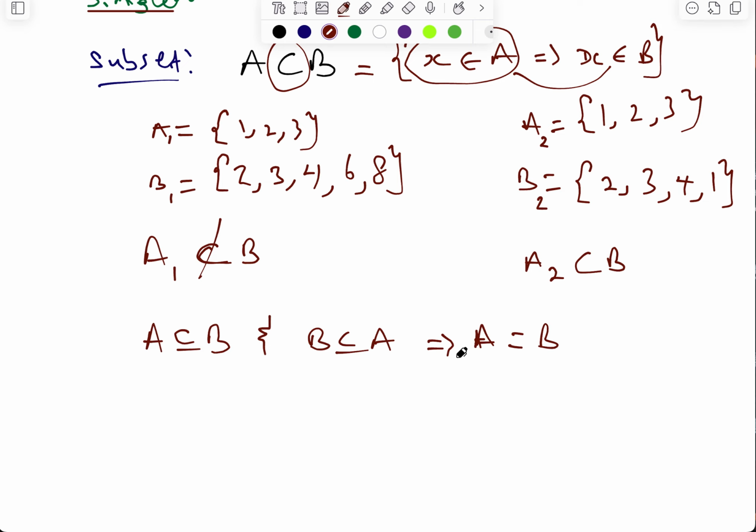I mean that everything in A is in B, and everything in B is in A. When you have such a thing, then you have what we call improper subset. They contain each other, so they can switch places.